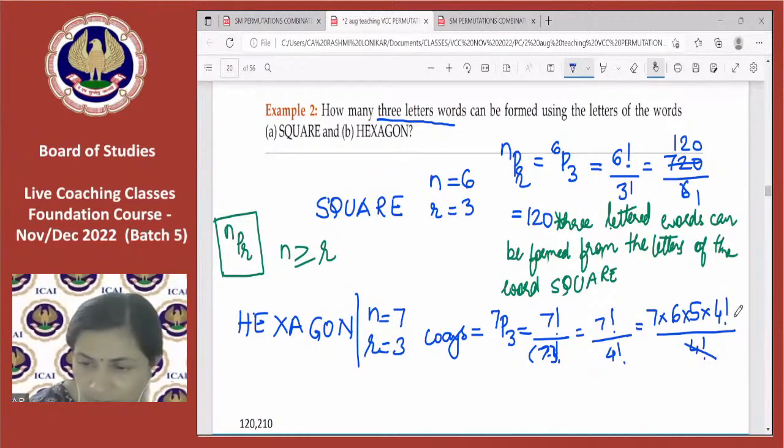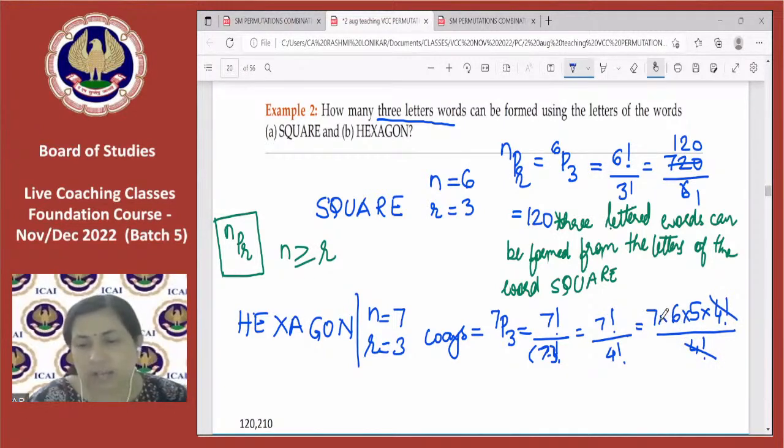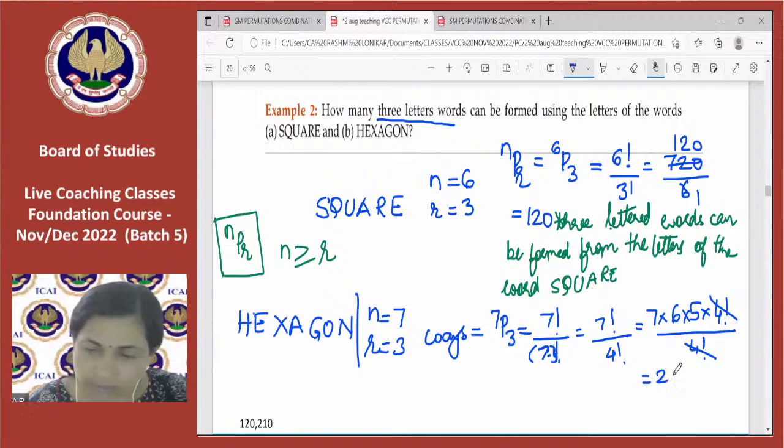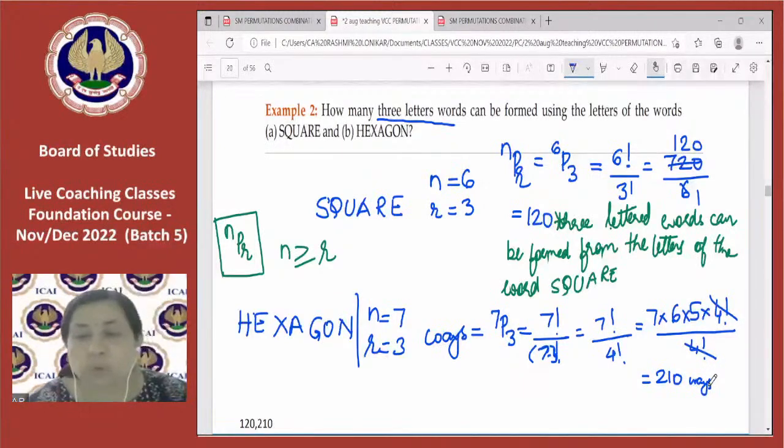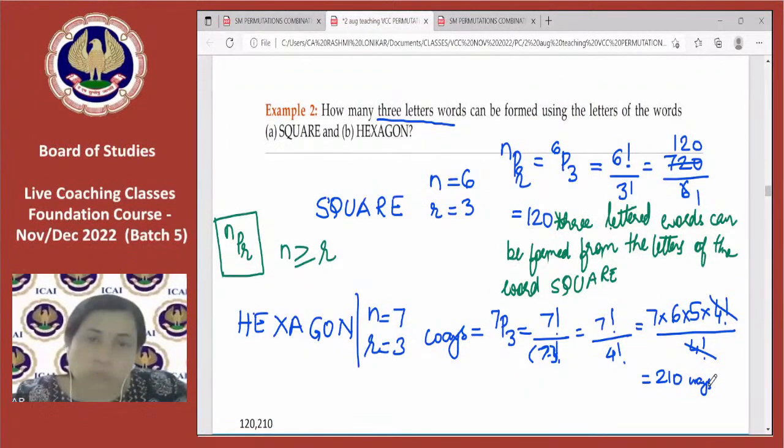This 4 factorial will get cancelled. So you will have 5 6s are 30, 30 7s are 210. So 210 3-lettered words can be formed using the letters of the word hexagon. Is that clear?